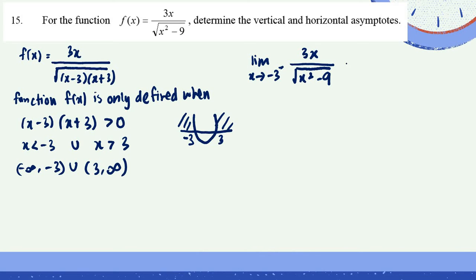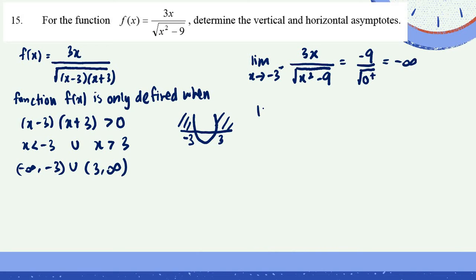Substituting, we get negative 9 on top, divided by 0, and this 0 will be positive because it is a quadratic, so it will always be positive. So negative 9 divided by positive 0 will be a negative value. This is an inverse, rational, so dividing by 0 we get negative infinity. If we sketch the graph, you can check why we get negative infinity.